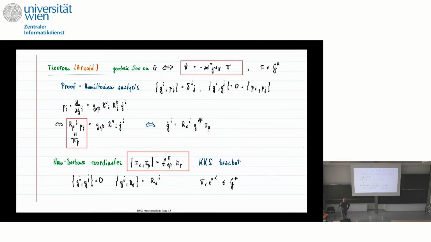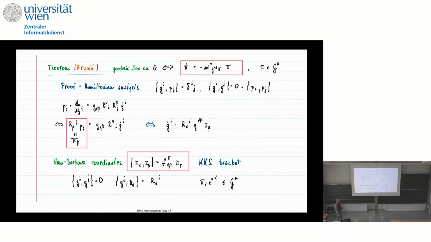In this case, there is no gauge invariance, because this thing is invertible, and of course you can invert the velocities in terms of the momenta. But during the construction, you realize that maybe the good variables are not the momenta themselves, but the momenta which are dressed with this right invariant vector field.